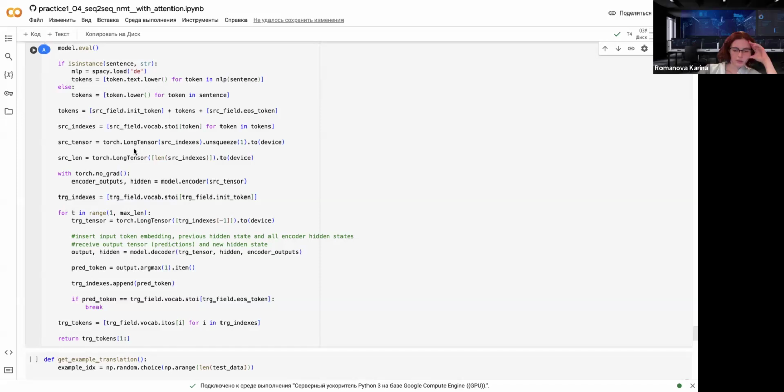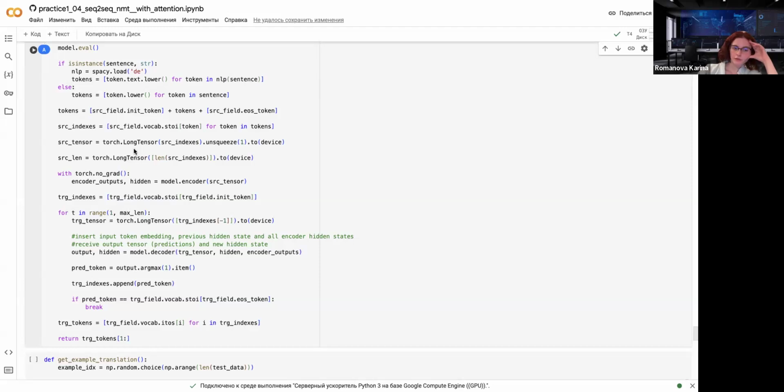Okay, so you know that we had the EOS token. It's end of sequence. So when it appears in our inference, we can stop. It's a condition to stop the generating process.